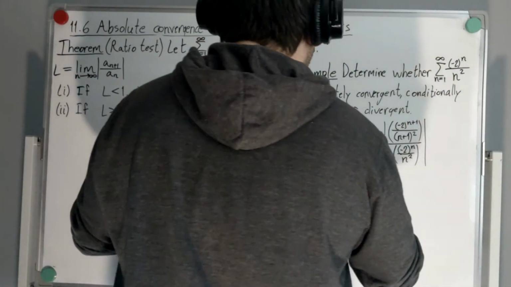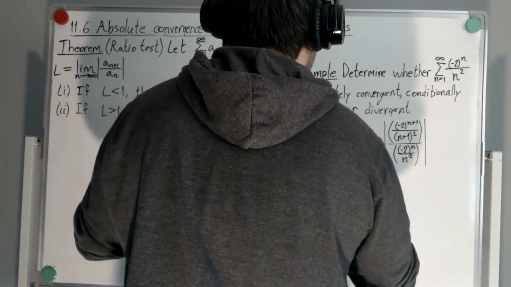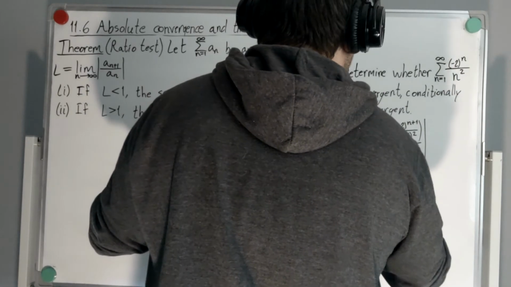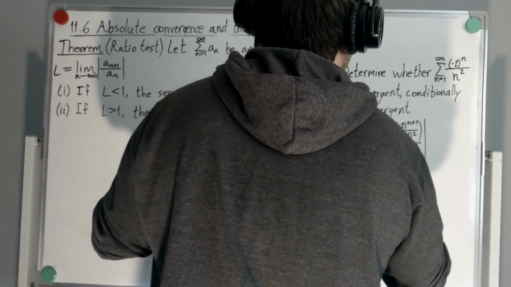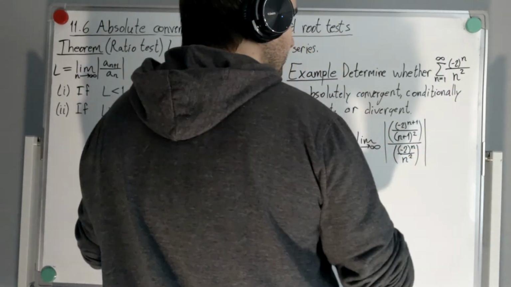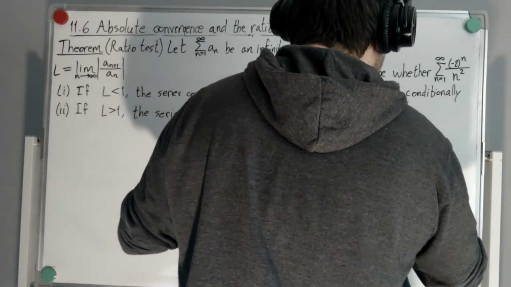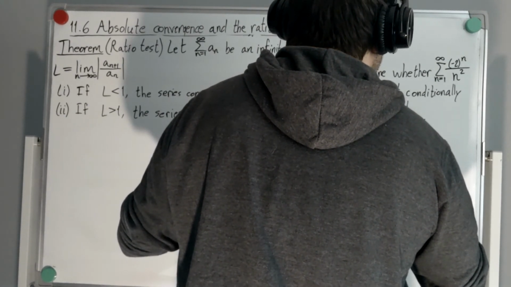Again, you do the whole copy, change, flip thing. You say this is the limit as n approaches infinity of the absolute value of negative 2 to the n plus 1 divided by n plus 1 squared. Change the division to a multiplication and flip the bottom, so you get n squared divided by negative 2 to the n.